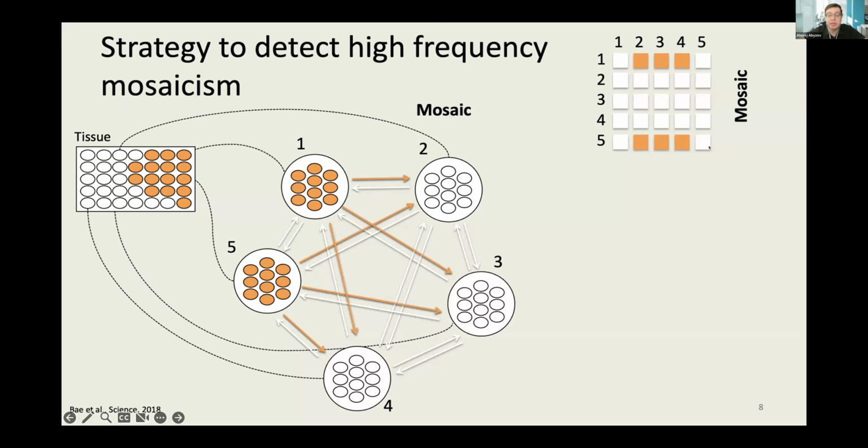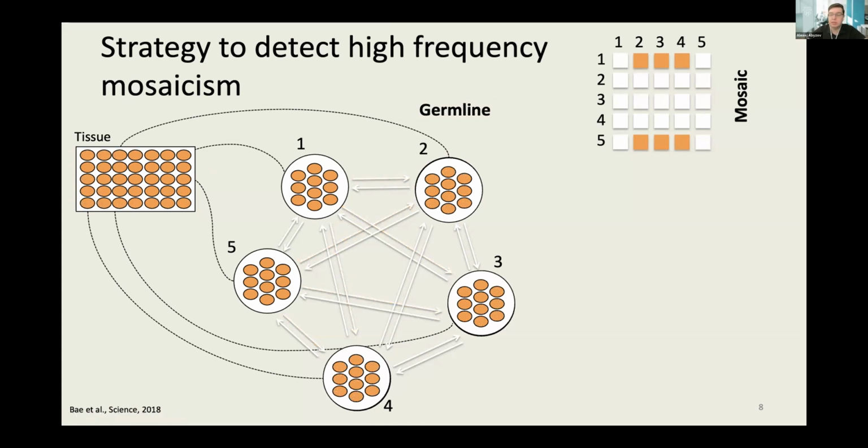So we will get this matrix of hits. If we have a germline variant, which is present in all of the cells, then comparing clones will not show us anything.